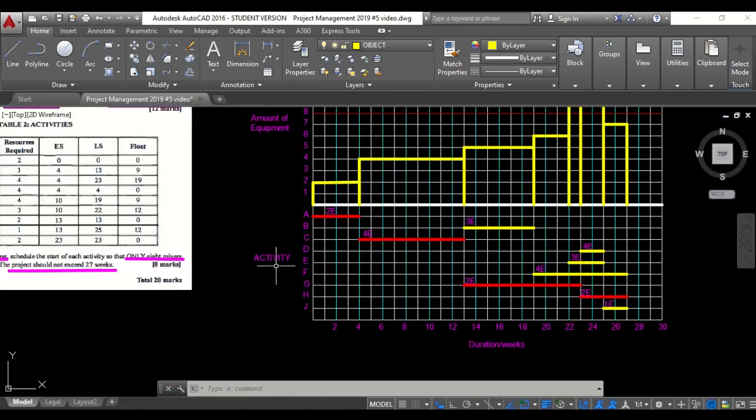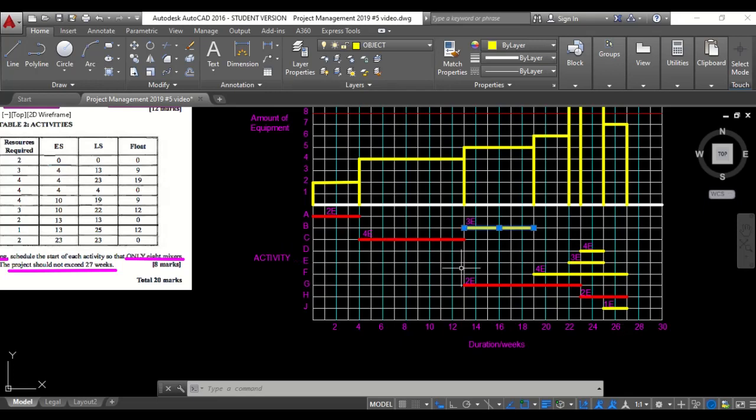So let's look at it. We see these in red because these are part of the critical path. We cannot touch these. These are untouchables. So we are not even looking at those. We're going to be assessing our other activities to see how we can adjust them so that the project remains within the constraints.